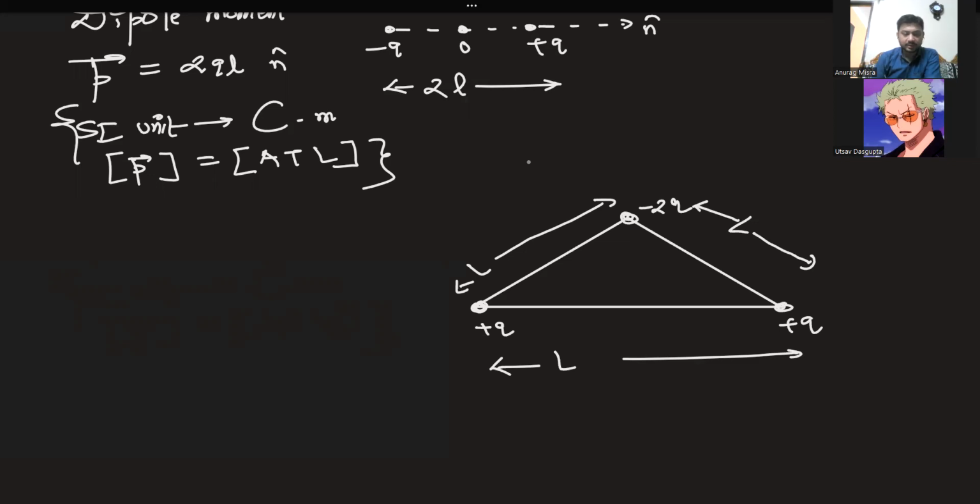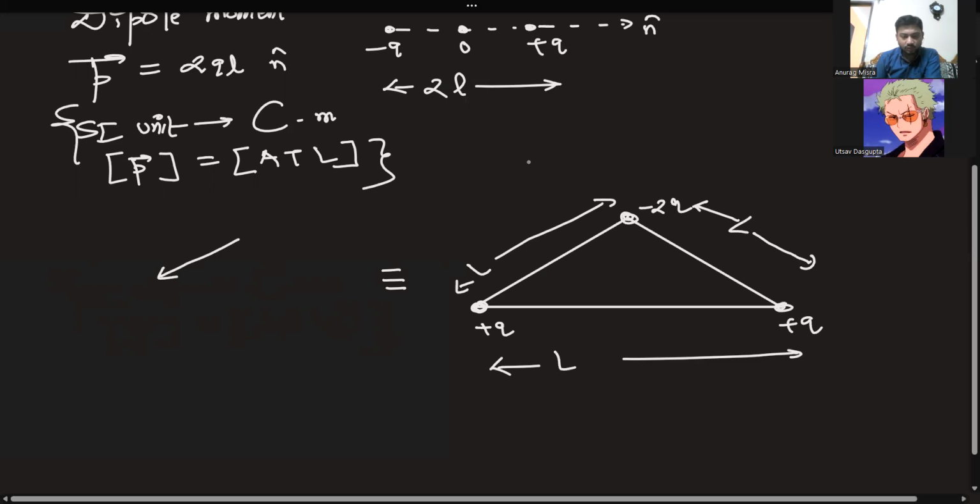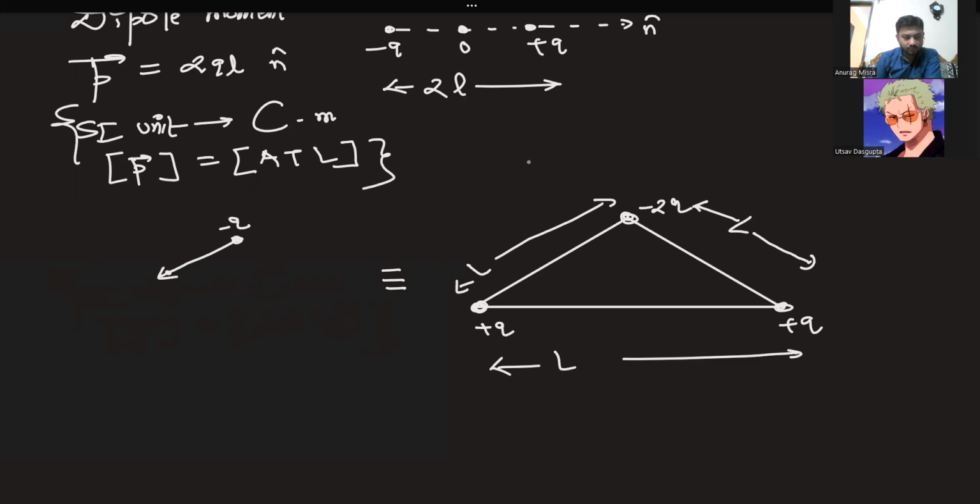So basically we see that the total charge here is +2q -2q, which is 0. We can see this as a pair of two dipoles. This -2q we can see as a pair of -q with +q. This will give rise to one dipole moment, suppose p1, and another -q +q will give rise to another dipole moment, let's call it p2.